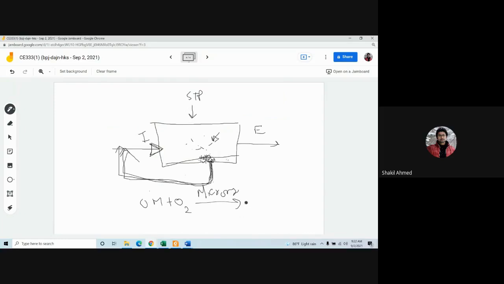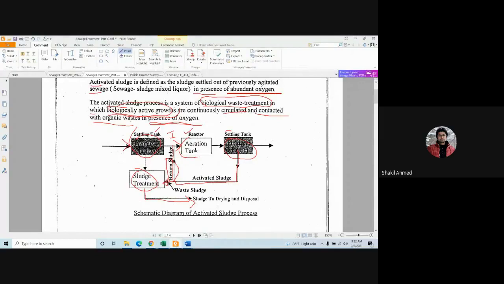So it becomes carbon dioxide plus water plus other stable products plus new microorganisms. So you need oxygen, continuous supply of oxygen. So aeration, okay? So you need aeration.